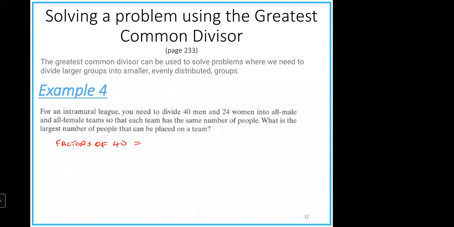We know definitely 1. What other numbers can divide 40? 2. 4. 5. 8 and 10.